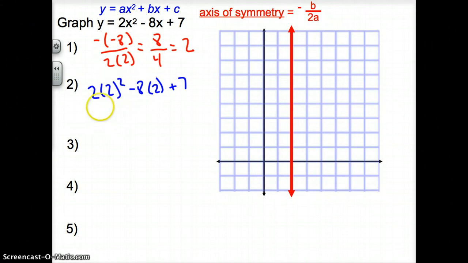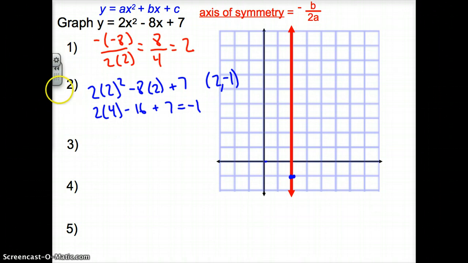So we're going to simplify this a little bit. 2 times 4 minus 16 plus 7 equals negative 1. So this was my x value, and we just found the y value. So we just found our vertex, which is 2, negative 1. From my origin, I'm going to go over 2 and down to negative 1 and plot my vertex. So I just plotted my vertex.